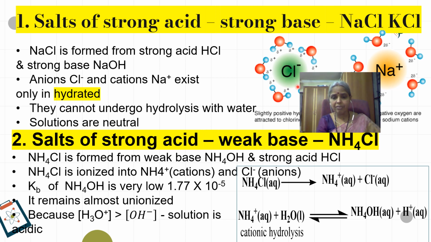So the negatively charged chloride ion is surrounded by the partial positive charge bearing H plus ions. If you see the sodium ion here, sodium ion is surrounded by the partial negative charge bearing oxygens of water. So both chloride and Na plus are only hydrated. They don't undergo hydrolysis. So the resultant solutions are neutral.